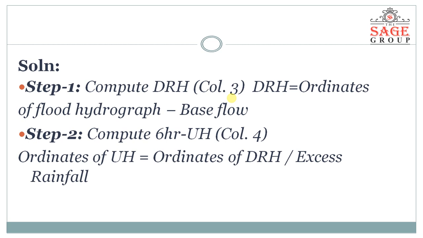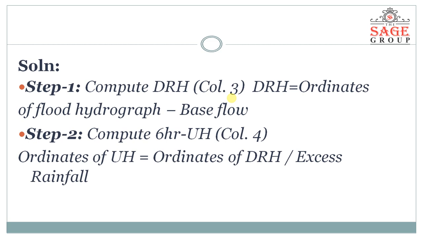Next, compute the 6-hour unit hydrograph. Our question was to derive a 6-hour unit hydrograph. First we found the DRH ordinates, and then we compute the 6-hour unit hydrograph. The formula is: ordinate of unit hydrograph is equal to ordinate of DRH divided by excess rainfall.